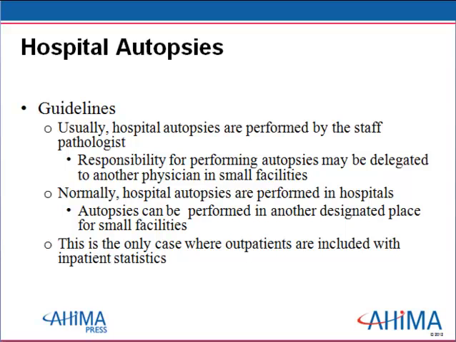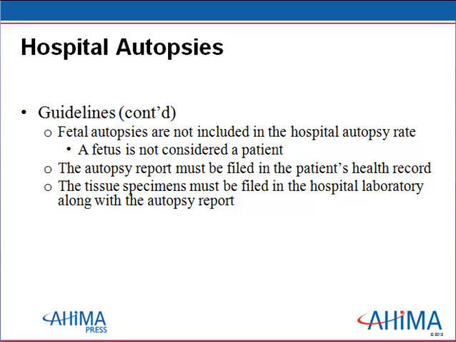Again, those may include ER patients, outpatients, home care, or hospice deaths. This is the only case where outpatients are included with inpatient statistics. Fetal autopsies are not included in a hospital autopsy rate because a fetus is not considered a patient.